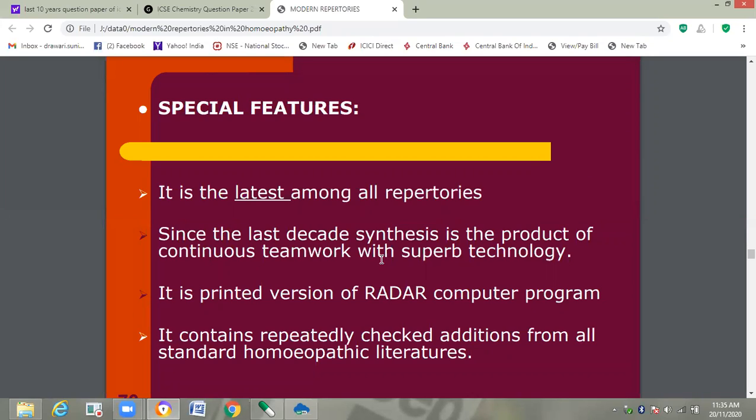In this way, the information on magnets, which was kept out of the repertory by Dr. Allen and Dr. Kent also, was added in this ninth version.